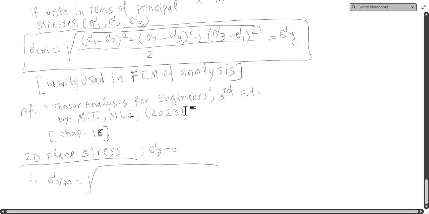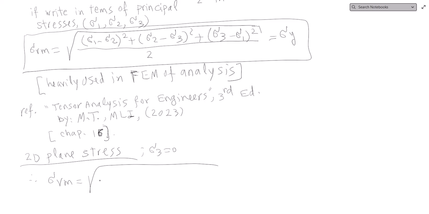So we have this formula. This becomes sigma 1 square plus sigma 2 square minus 2 sigma 1 sigma 2, and the second bracket, sigma 3 is 0, becomes sigma 2 square, and the third bracket, sigma 3 is 0, becomes sigma 1 square, divided by 2.